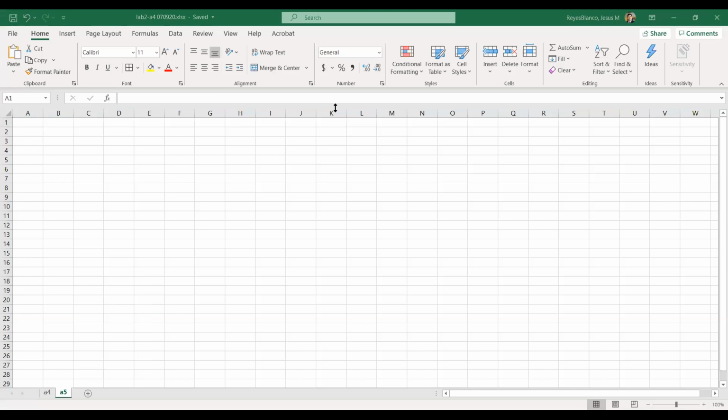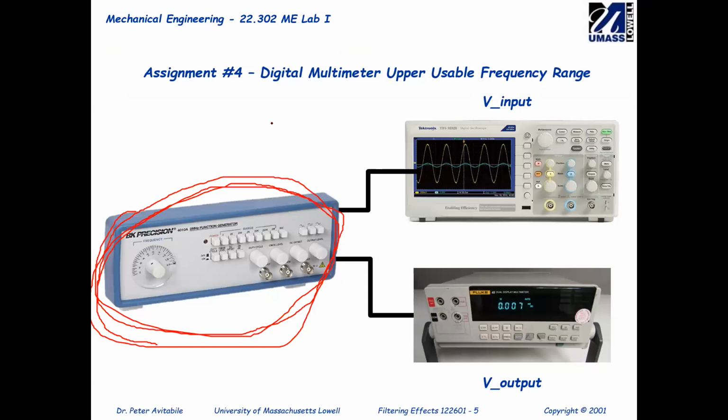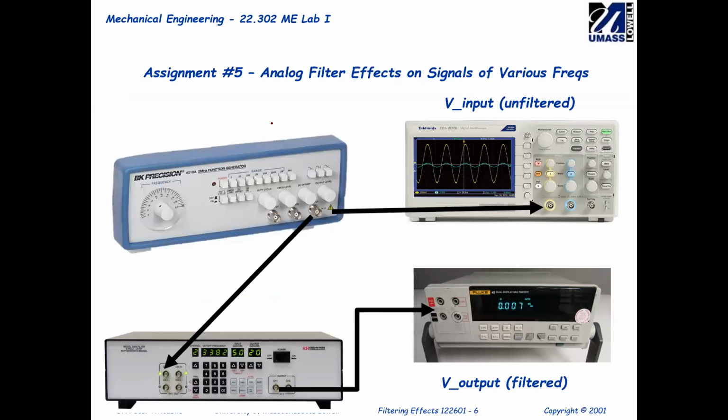Before we set up that spreadsheet, I'm gonna show you the configuration that we're gonna have for assignment 5. So we're gonna start at the function generator. I am drawing with the mouse because this computer doesn't have a touch screen. From the function generator, one cable is gonna be connected to the input of our filter.